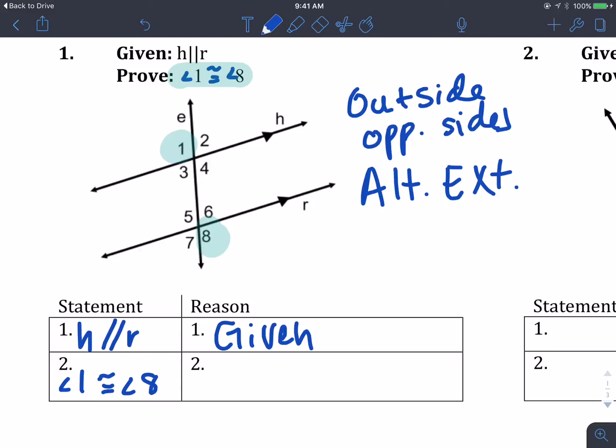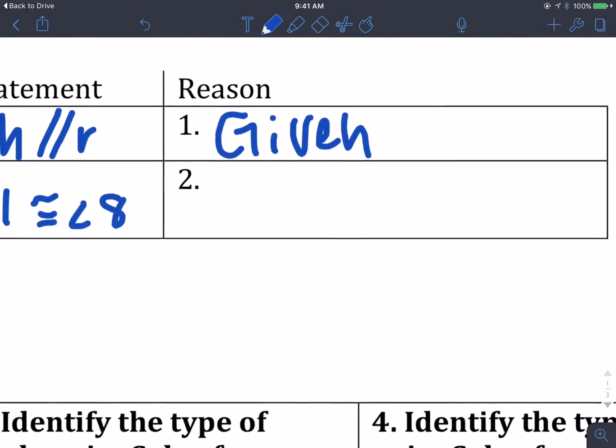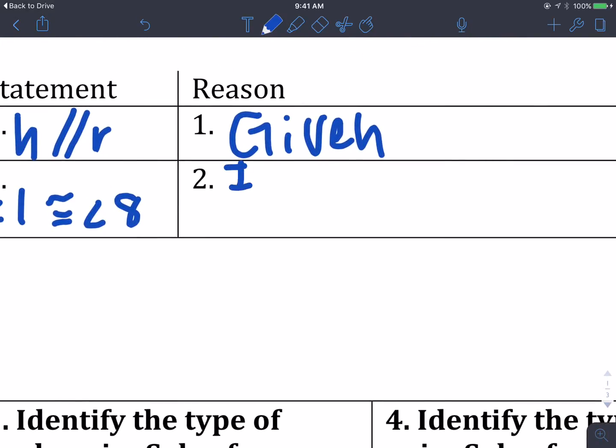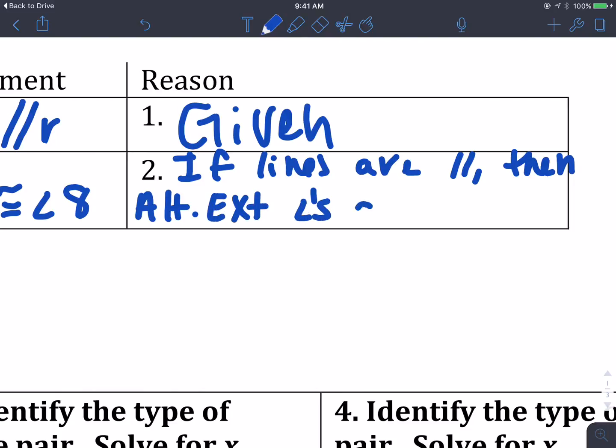So I'm going to start with what I know. If the two lines are parallel, then what am I trying to prove? Then alternate exterior angles are congruent. All right, there's the first one.